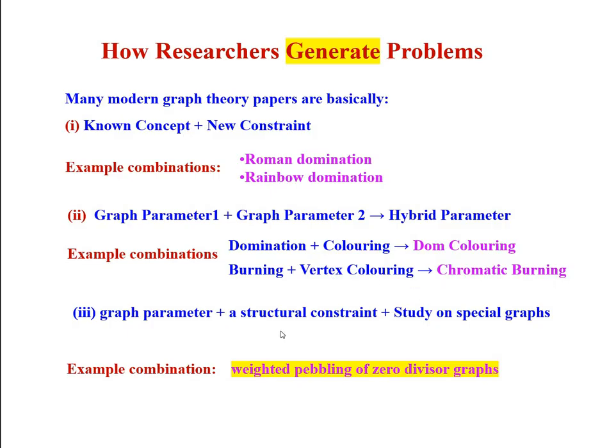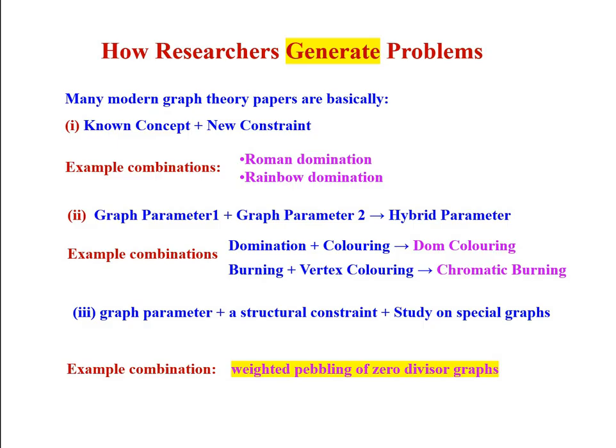And graph parameter plus a structural constraint plus a study on special graphs. So these special graphs are the algebraic graphs. They are also emerging very well. Zero divisor graph, unit graph, total graphs, and so on. They are based on algebraic systems. That is, you may have groups or rings or vector spaces.